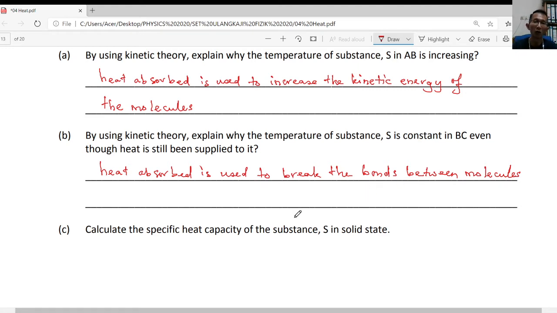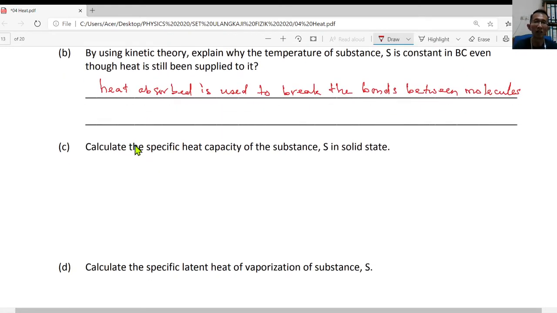Now we go to C: calculate the specific heat capacity of the substance in solid state. In solid state, we are talking about points A, B in the graph. So Q equals mc theta, but who supplies the heat? Heat is being supplied by electricity. So that will be Pt equals mc theta.